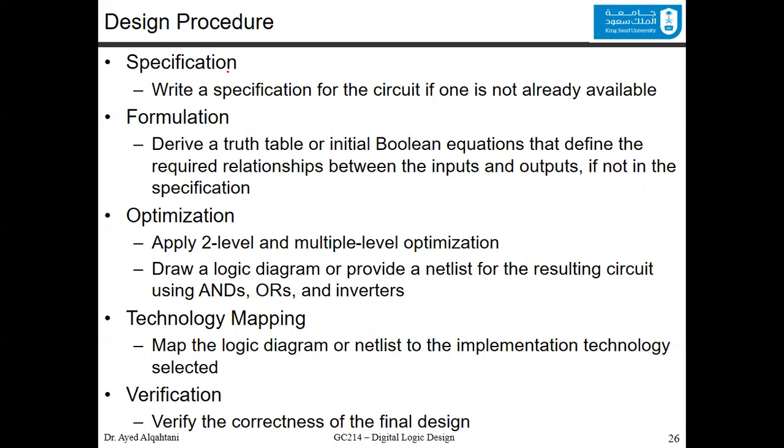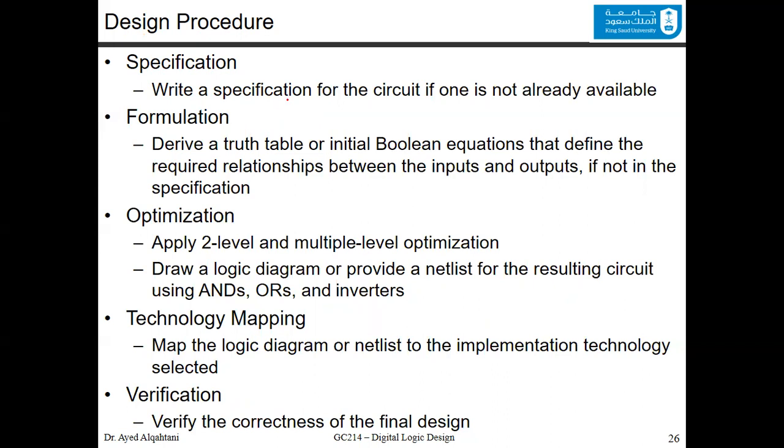Now, after we accumulated enough knowledge throughout the series of videos that we had previously, we can define the design procedure. It starts with the specification, which is actually written statements.